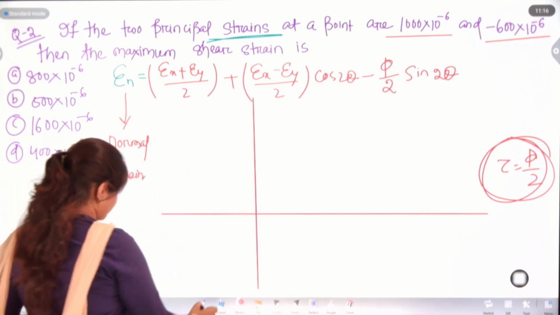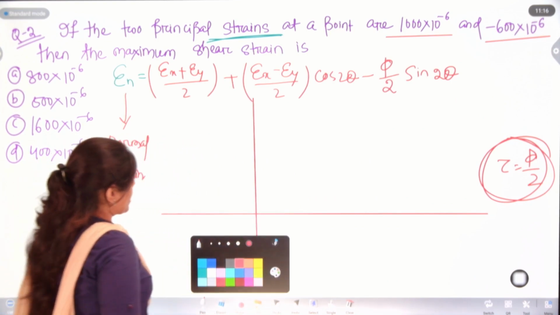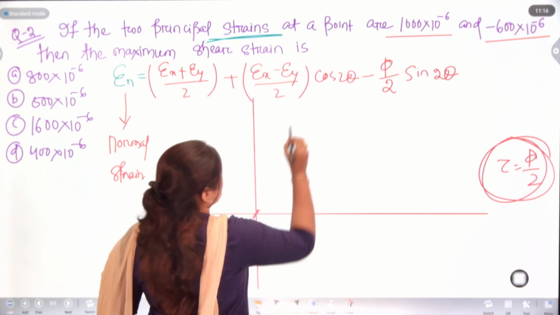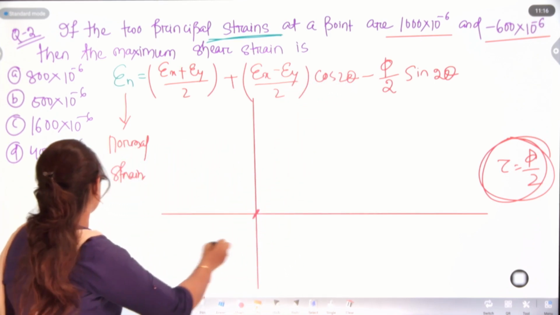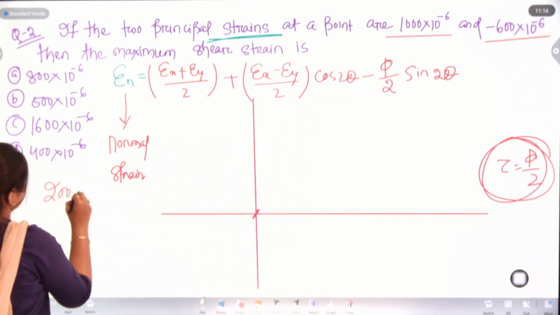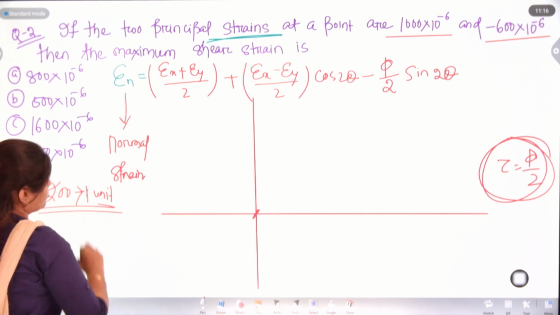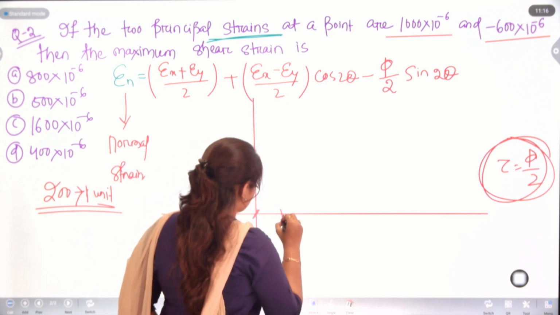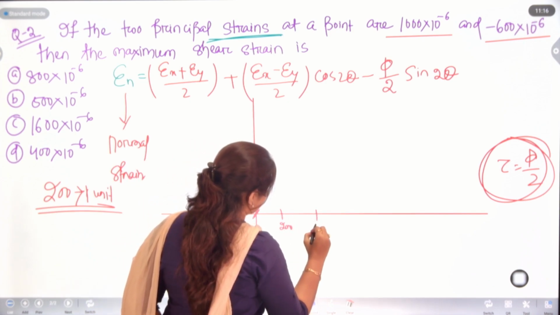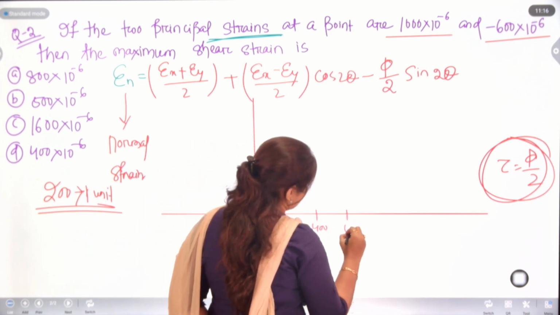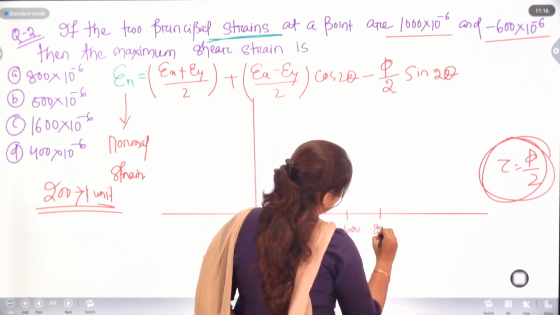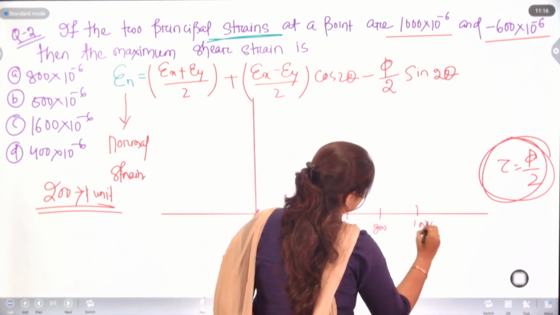So, as 1000 here, let's take 200 as 1 unit. So, here we will have 200, 400, 600, 800 and 1000.